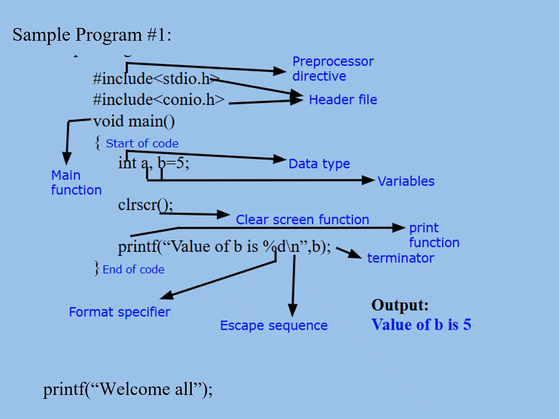The next new symbol is \n. This is known as the escape sequence. Escape sequences always begin with the backslash followed by a specific letter or symbol. An escape sequence is a shortcut used inside text to print tricky characters or trigger actions that we cannot just type out normally.